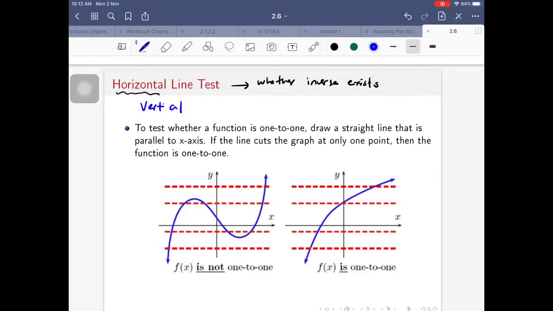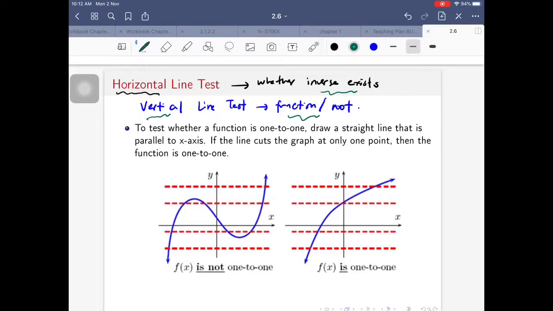What is the difference? We use the vertical line test to test whether a given graph is a function or not. Horizontal tests whether the inverse exists or does not exist.